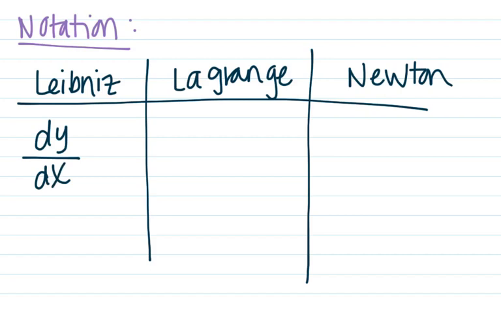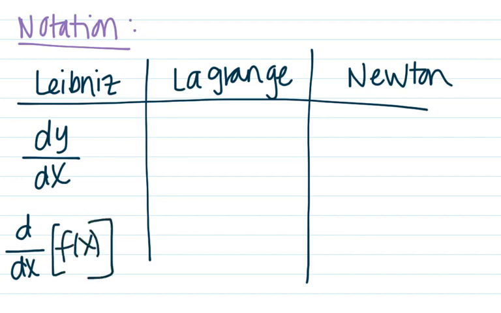Another way that he sometimes wrote it was, let me get this all down. Okay, this one you would say means to take the derivative of the function f of x with respect to x. So we'll still use this notation quite frequently.